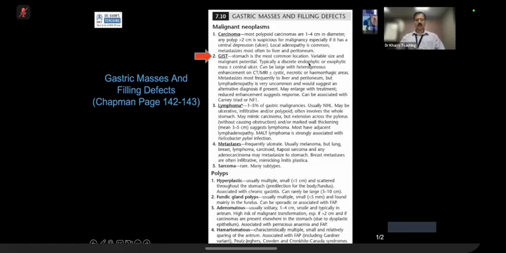So this concept that if it goes in, it cannot be GIST, you have to remember this. It can be within the lumen, it can be exophytic also. And it can have a necrotic center, etc. And studies have told us that more than 5 centimeters, there are chances of malignancy.